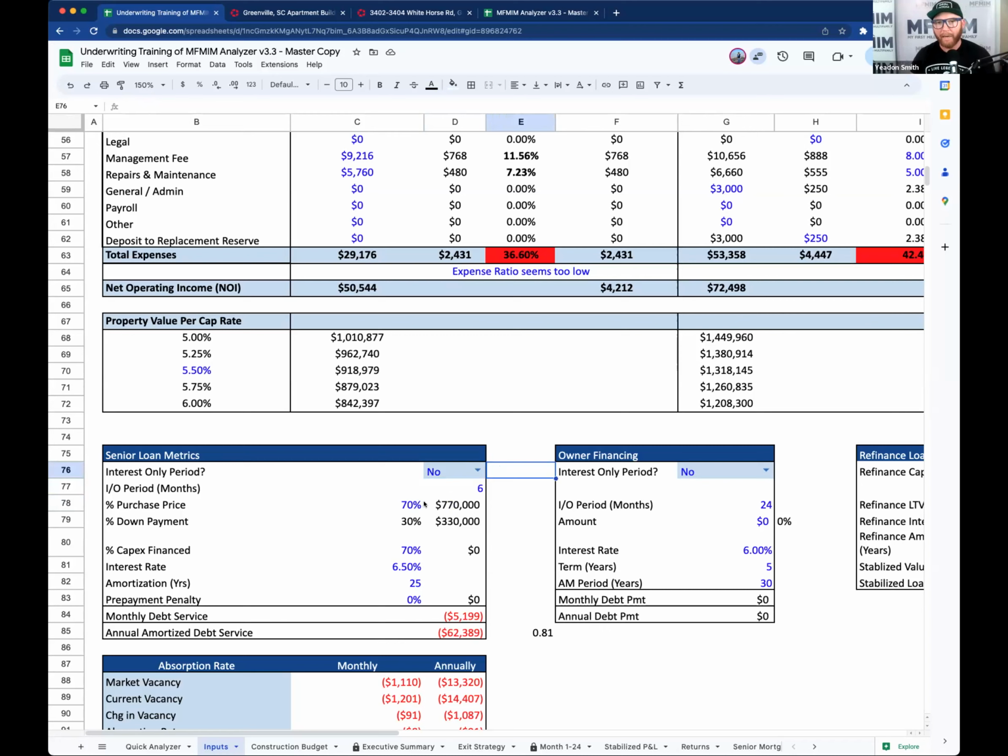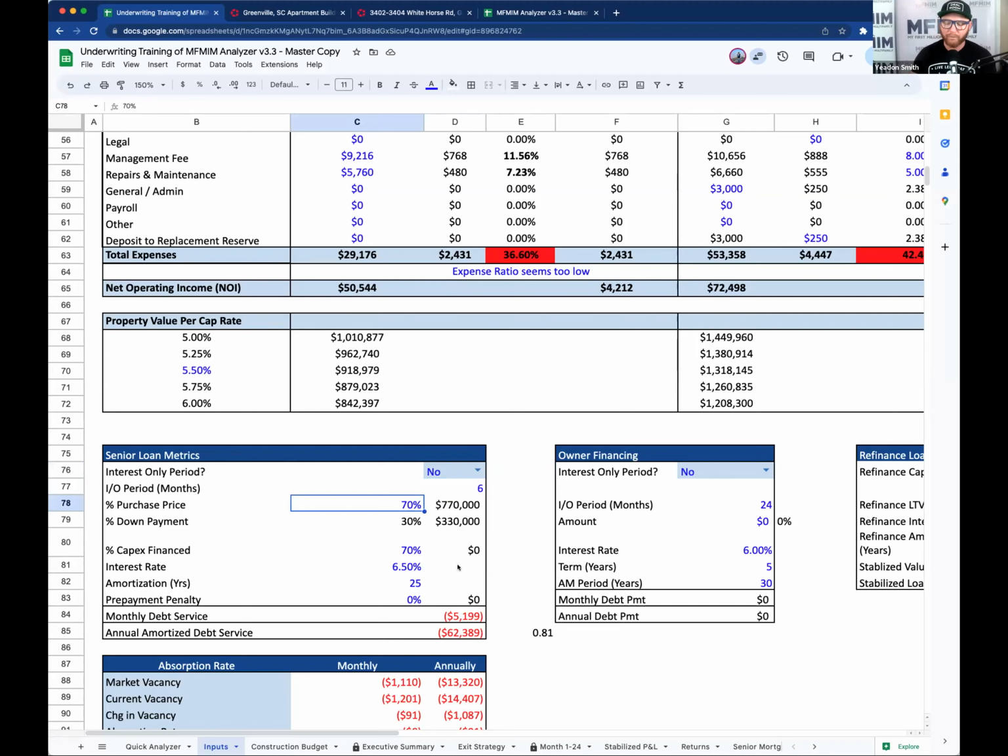How much is the bank going to loan you relative to the purchase price? 70%, 60%, 80%? When you talk with the lender, that's a very important question, because then you know how much cash you will have to bring to the table from investors for the down payment. It is going to be rare to get a loan as high as 80% loan to value.